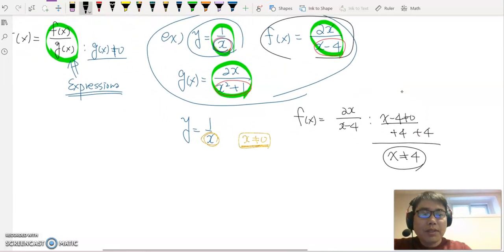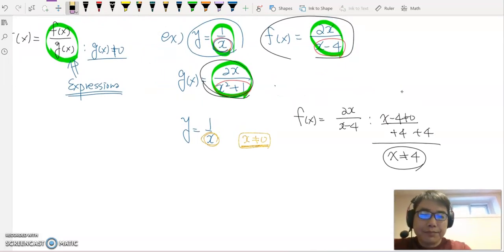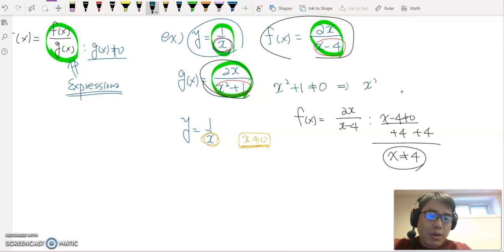Okay? But what about this case here? This case, we can set up x squared plus 1 cannot be 0. But in this case, x squared cannot be negative 1. So you know that x squared actually cannot be a negative value. So it is not factorable.